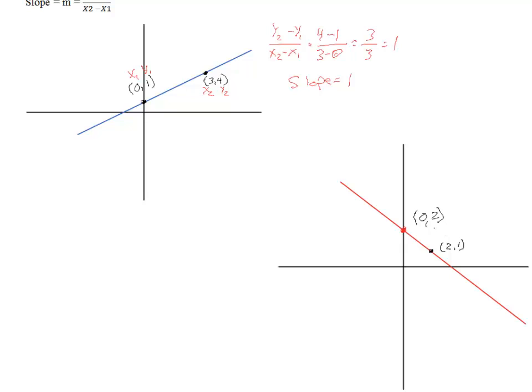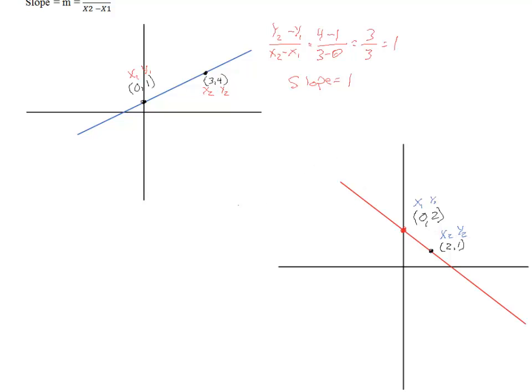We could label these like we did before. So this would be our x1, y1, and x2, y2. It doesn't matter how you label them, as long as you label them the same, because this point could have been our x1, y1, and this could have been our x2, y2.